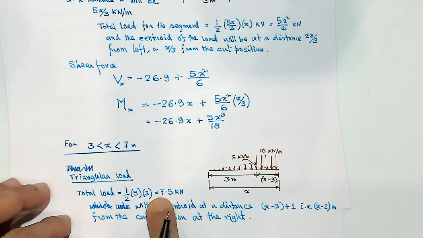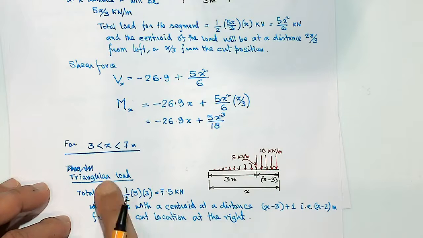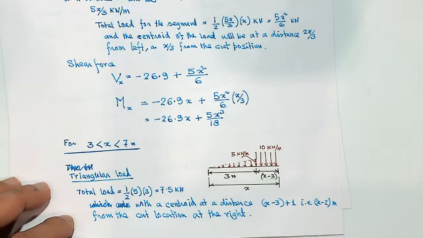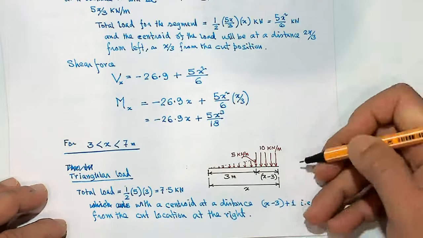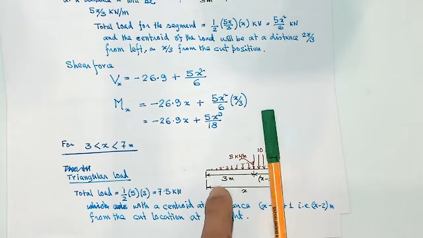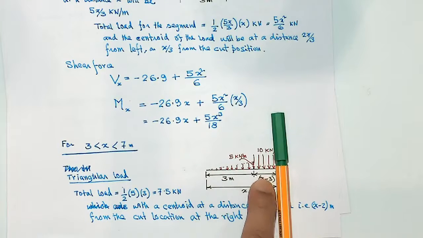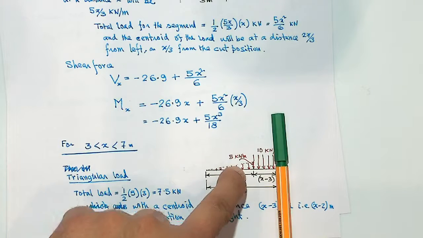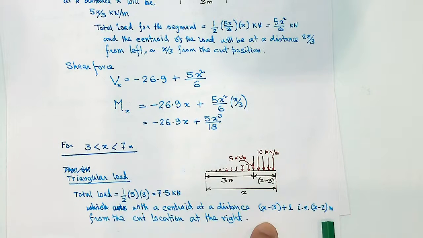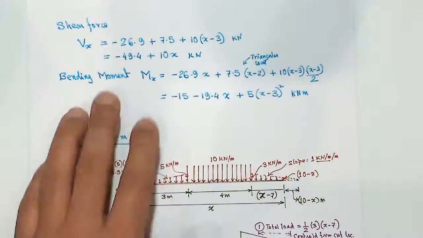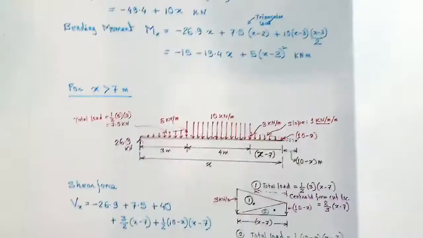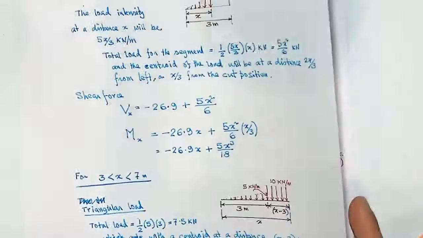So the total load for the triangular bit is 7.5 kilonewton, and it would act at a distance from this point of x minus 3 plus 1 meter. So that is x minus 2 meter. And then you can draw the shear force and bending moment diagram, bending moment values for these two loads.